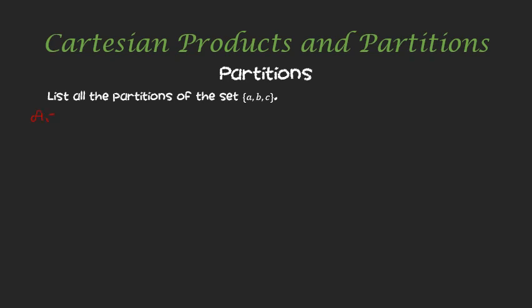Let's just give a partition of the set ABC. Remember, every partition is a set of sets, and maybe we could break up this set into just the one element subsets.